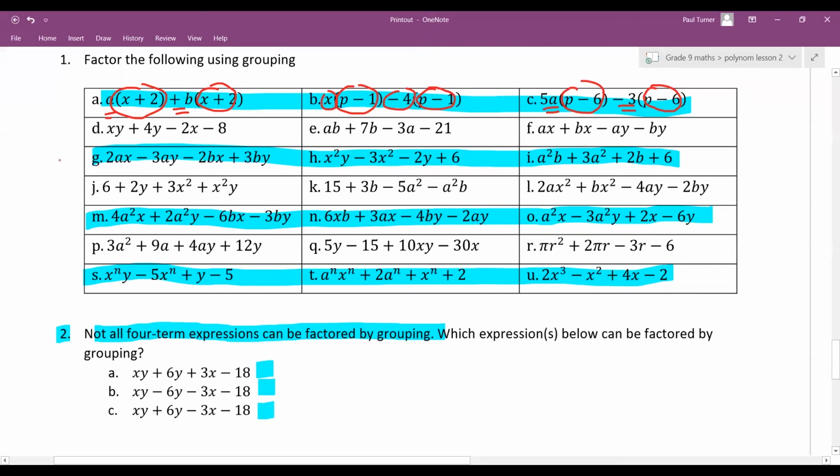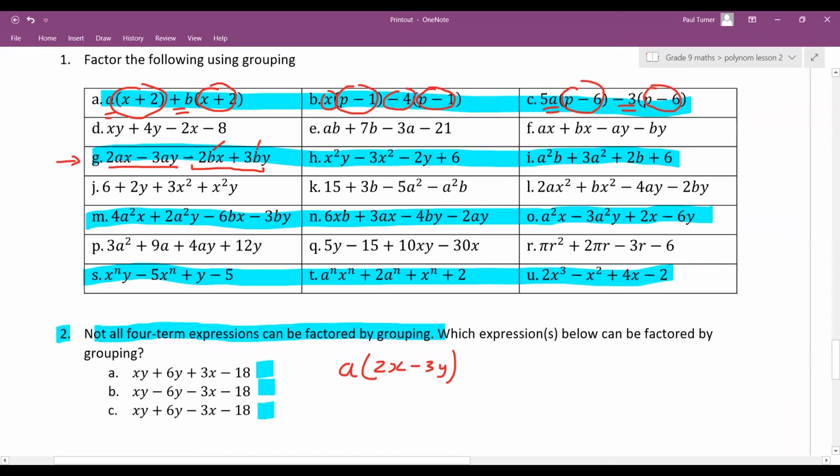Okay, going to G, you've got 2ax minus 3ay. So the common factor here is a. You are left with 2x minus 3y. In the second part, your common factor here is b. 2 and 3 have no common factors, so not the number, only b.